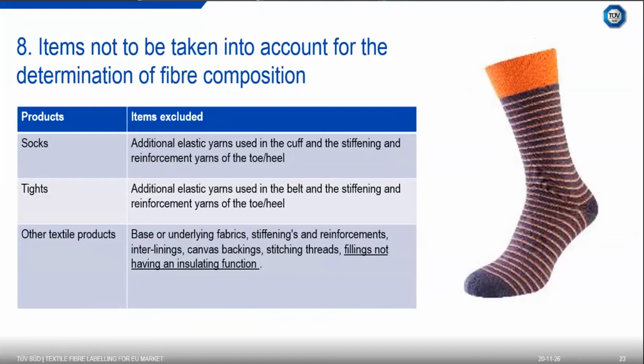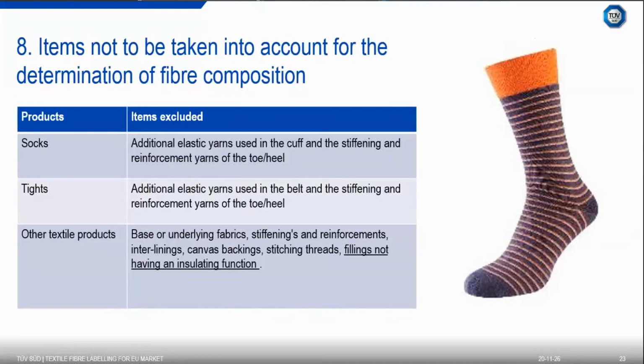In all other textiles, if we see any filling material which is not for insulation purpose, maybe I can give you one example. If it is a blazer, and in the shoulder there is padding for stiffening purpose, using filling material, those kinds of padding are not necessary to consider in the fiber composition.